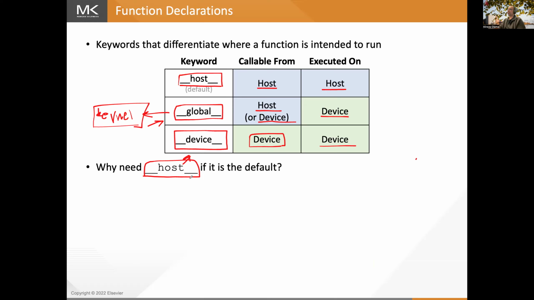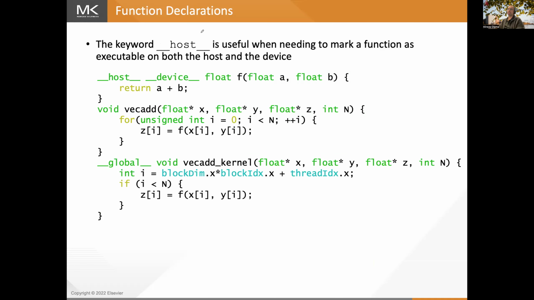So if you want to have your function compiled for both CPU and the GPU, you should use host with device, because if you use device by itself, it is compiled on the GPU, and if you do not use anything, or if you use host, it is compiled to work on the CPU. But if you want your function to work on both devices, then you should have the host and also the device together. So you can see it as an example here.